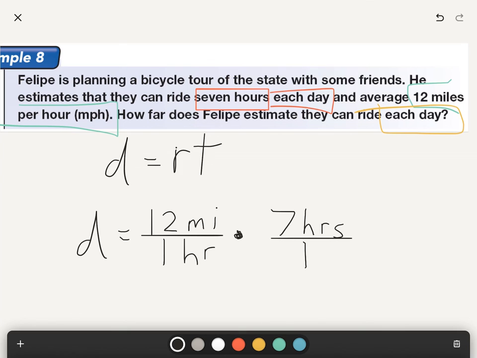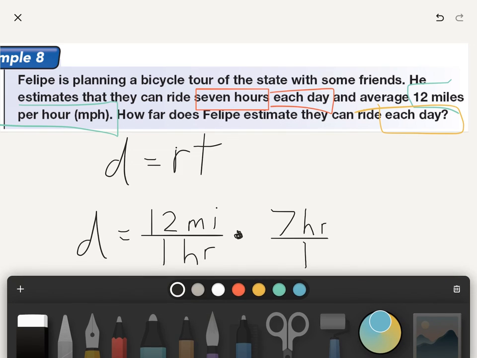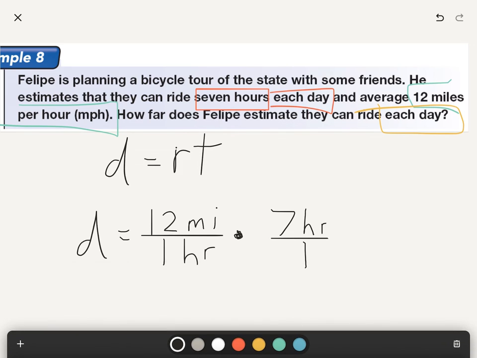The book doesn't do that, but I think it is helpful. Our unit is hours. Now you notice that this was arranged 12 miles per 1 hour, and this is just 7 hours with nothing under there.